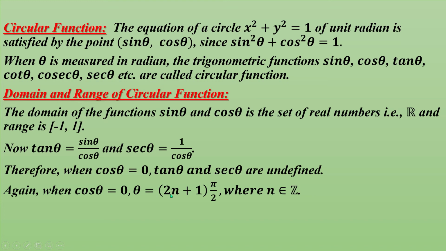That means when n is equal to 0, 2 into 0 plus 1, that means 1, 1 into pi by 2 means pi by 2. So when you put theta equal to pi by 2, cos pi by 2 means 0. But when n is equal to 1, 2 plus 1 means 3, so 3 into pi by 2.